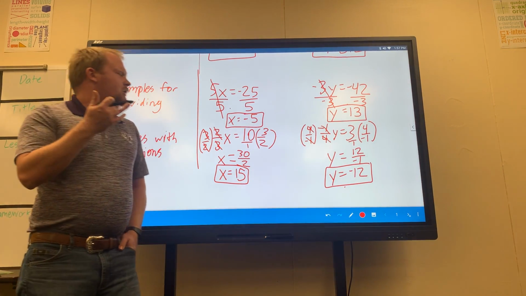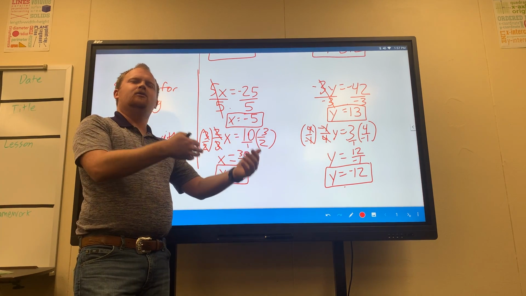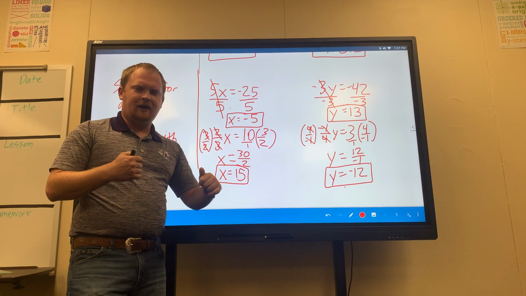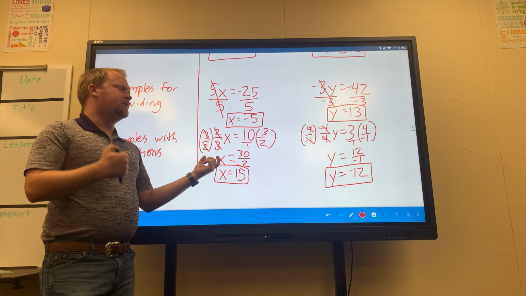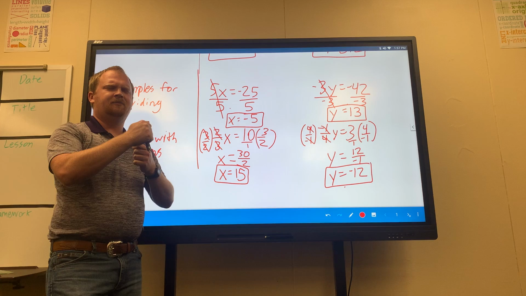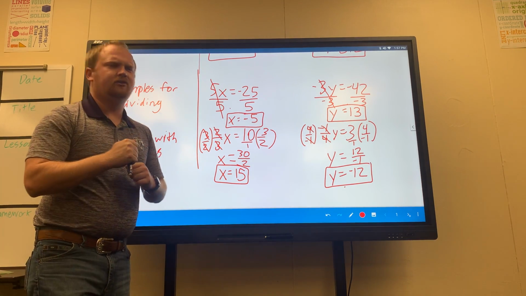But again, just like addition and subtraction, we still got to work the inverse operation for multiplying and dividing. Now, the biggest thing we got to keep in mind, though, is that when we take the fraction, we want to do the reciprocal of that fraction, and use that reciprocal to multiply both sides.